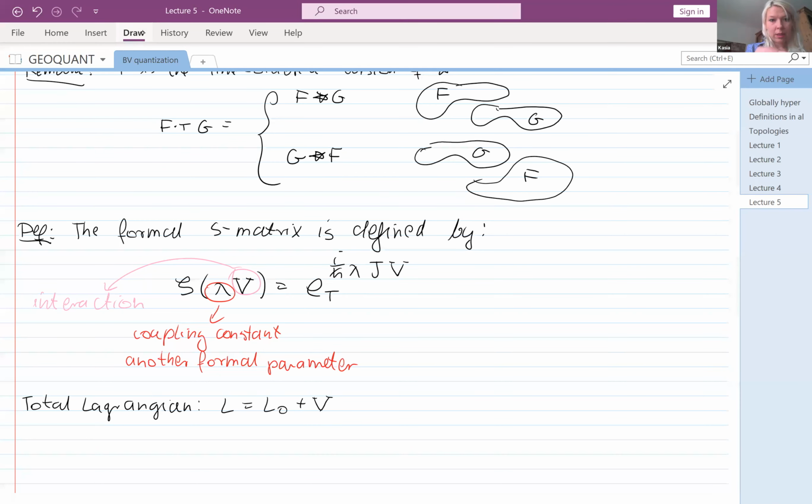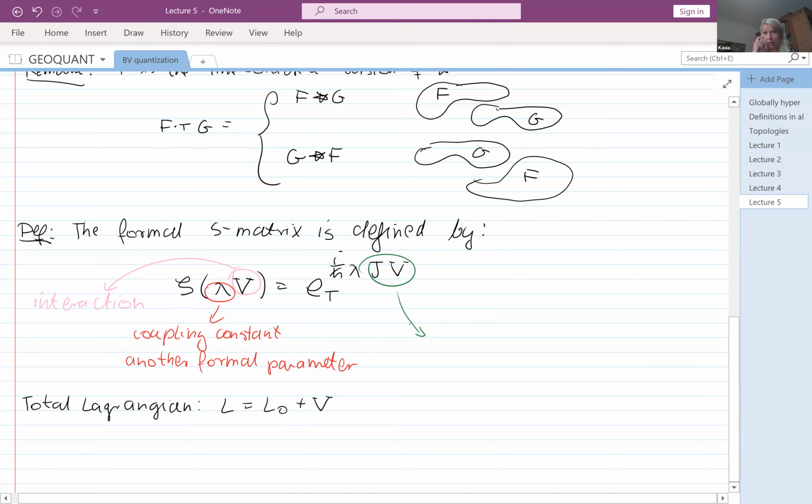And here applying this T can be seen as a choice of normal ordering.